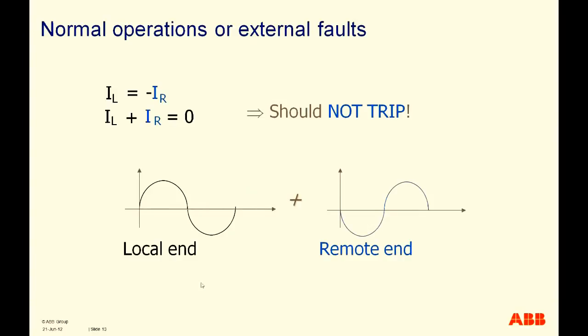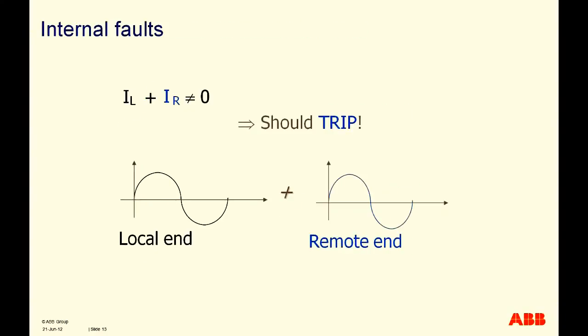So IL will be equal to minus IR. Therefore, if we add up these two currents, the resultant would be 0, and there will be no trip. The local current and remote current are 180 degrees opposite, so adding these two diagrams results in a 0 differential current.